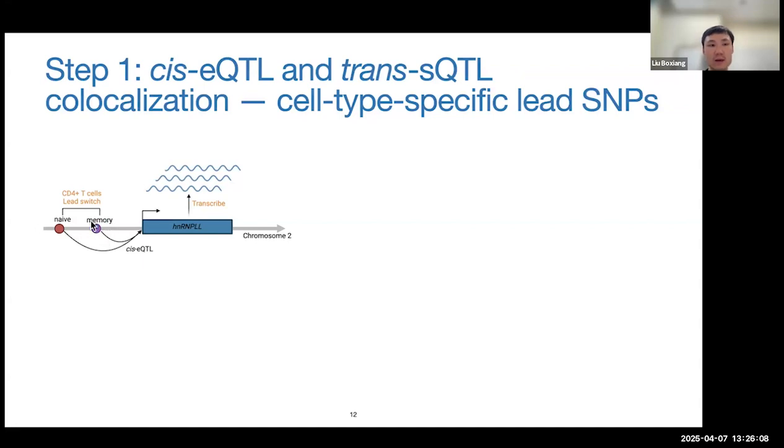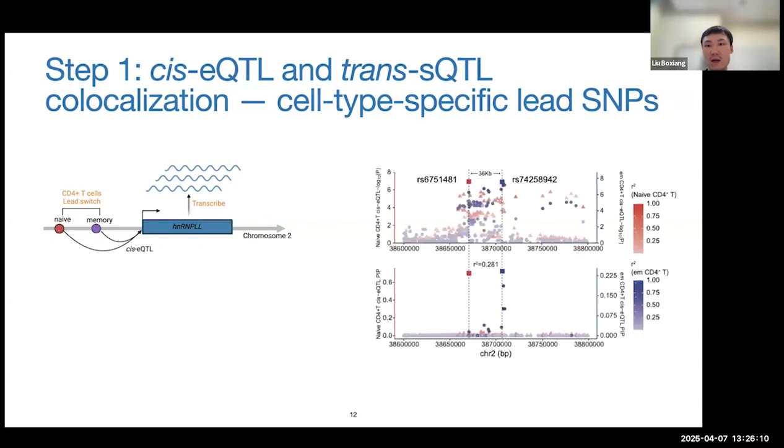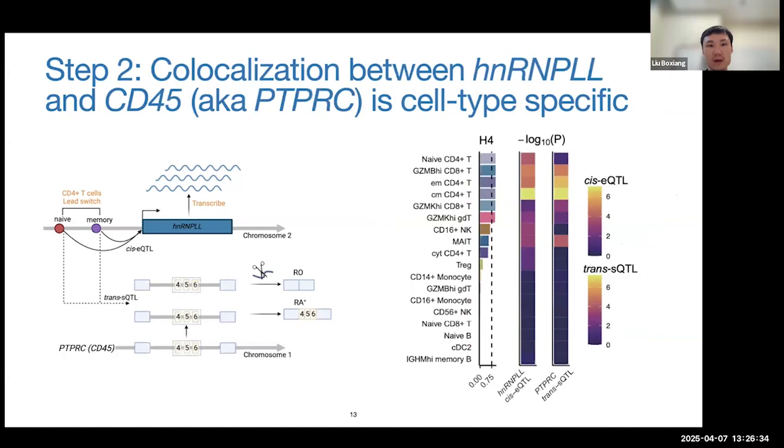And the reason I think that these two variants are independent is because they are 36 kb apart. And also once we do fine mapping, their signals are independent from each other. And also their R squared is less than 0.3. So we're fairly confident that these two variants are both regulatory variants, but they're independent from each other and they're acting in two different cell types.